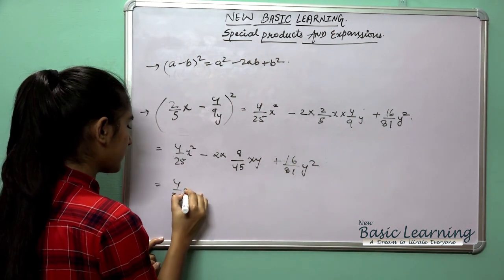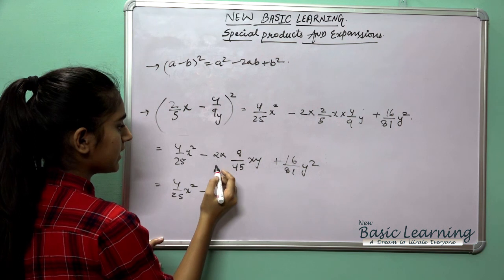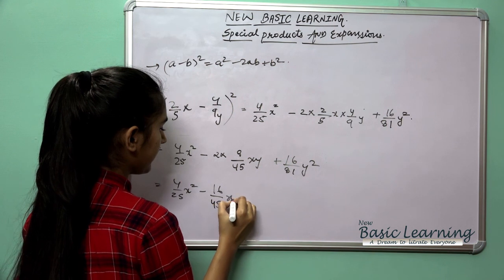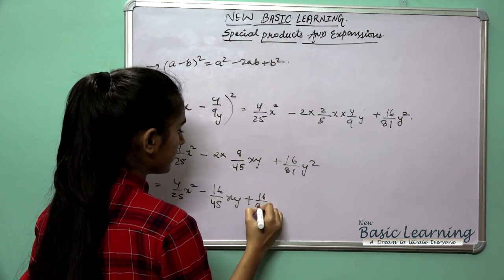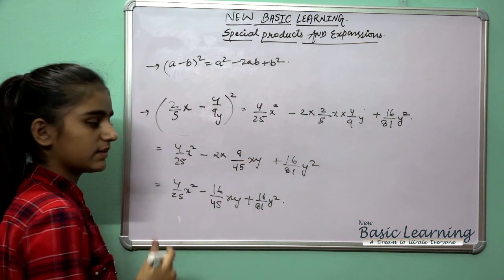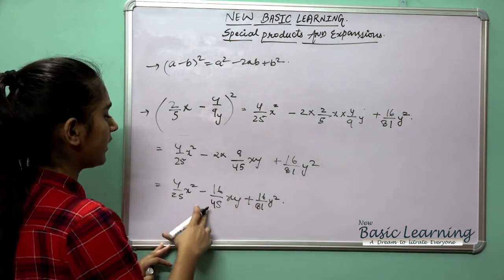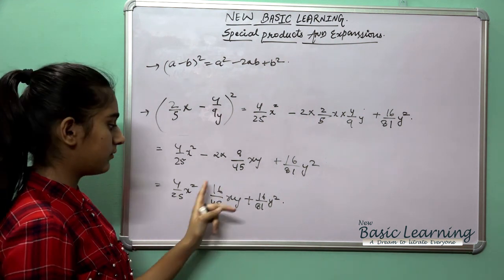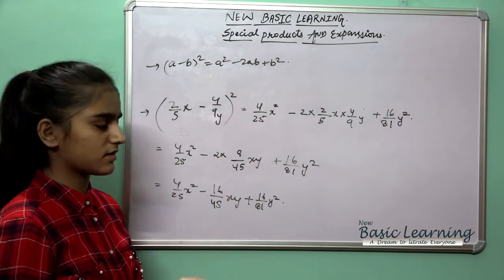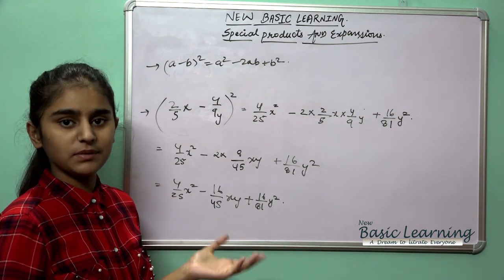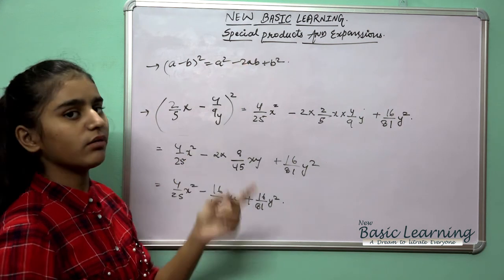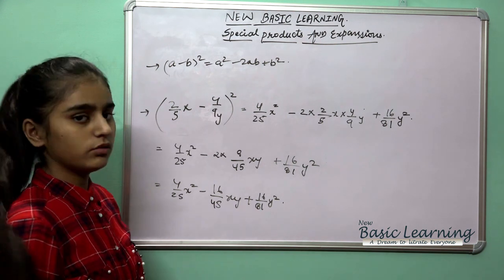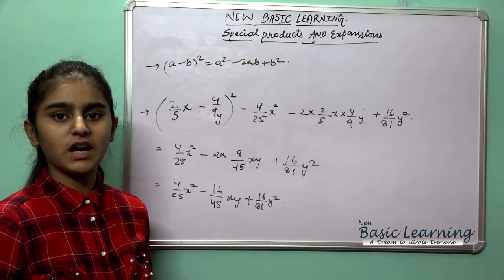So 4 upon 25 x square minus 8 ones are 8, 8 twos are 16 upon 45 xy plus 16 upon 81 y square. This is the final answer that we get. If you want to calculate it further, then you can divide this part, or you can simply write it as it is. So I hope that this example is clear to you according to solving the questions by this formula, that is (a minus b) whole square. So now I will end this part and now I will start a new formula.